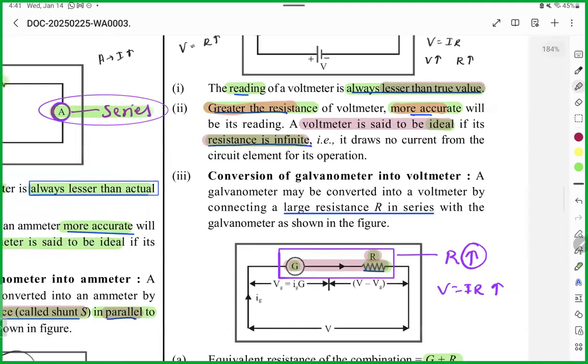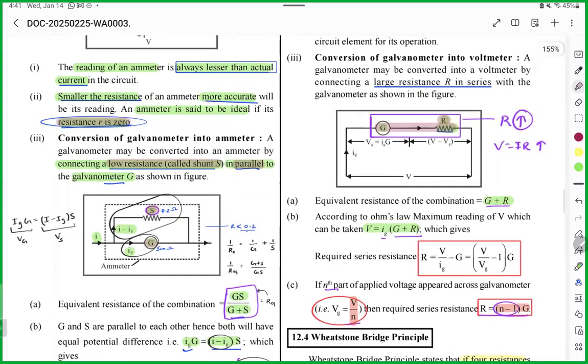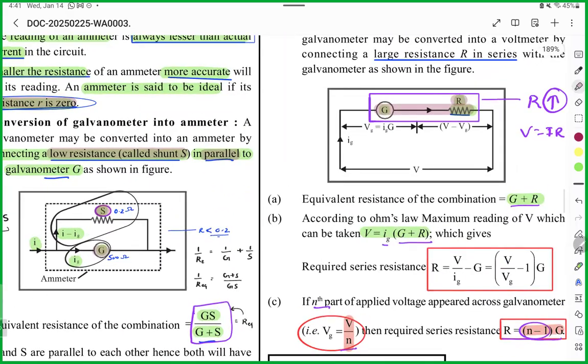If you see here, in the ammeter, S is parallel to G because you want to reduce the resistance. But in the voltmeter, you want to increase resistance. How to increase resistance? By adding a resistance in series with G. That's why it is present in series with G. Understood, guys? Yes or no?